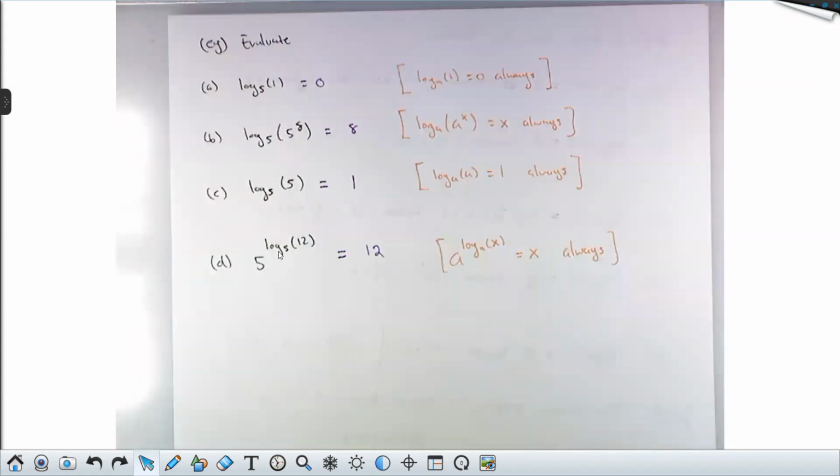So these are some things that you can arrive at by thinking about them carefully. But they're always true, independent of the numbers involved. So anytime you see a log of 1, that's 0. Anytime you see a base a log of a to some power, that's always that power. Anytime you see the base a log of a, that's always 1. And anytime you see a raised to the base a log of some number, that will always be that number. So these are the sort of things we can simplify very quickly.